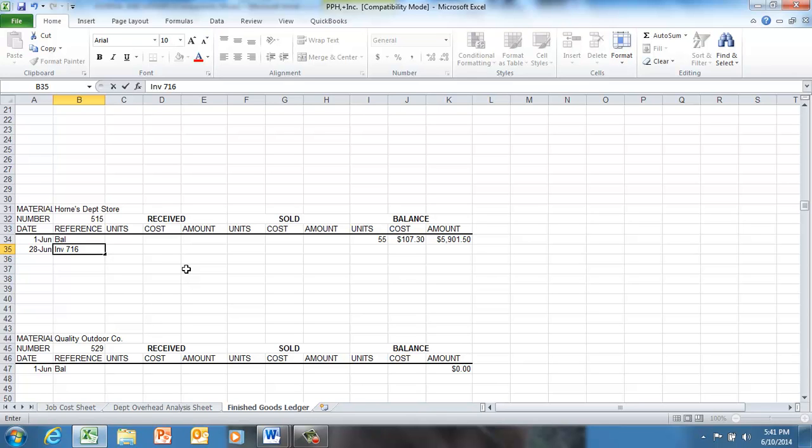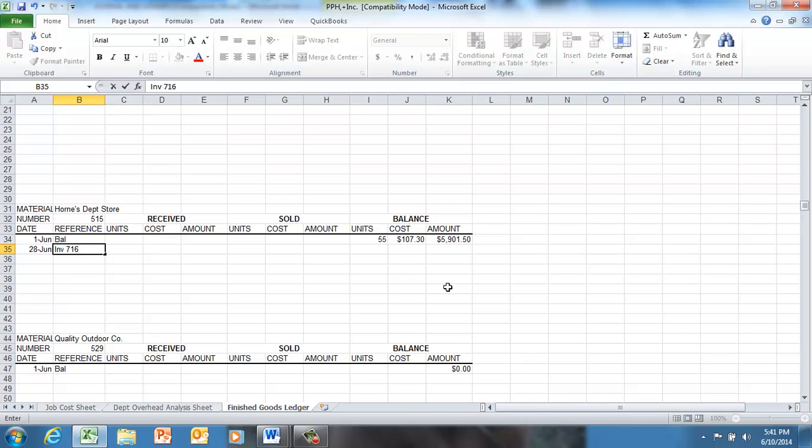The sold, of course, is if we've sold something, and whenever we sell something, we're shipping it out. So these are ones that are leaving the distribution warehouse. And then, of course, the balance tells us how many are left over.